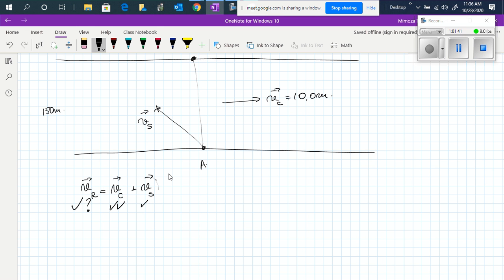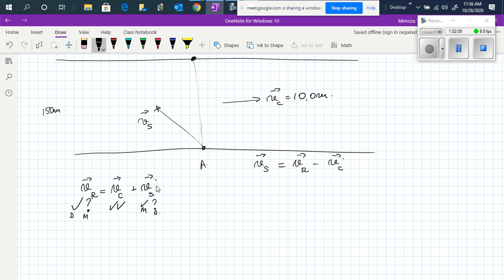Now, if we rearrange this equation, then the velocity of the swimmer is equal to the resultant minus the velocity of the current.